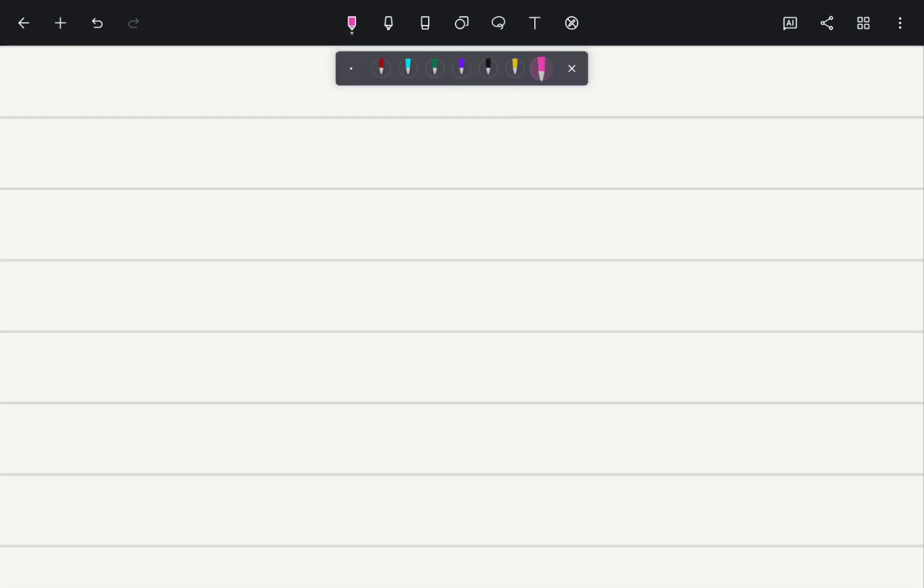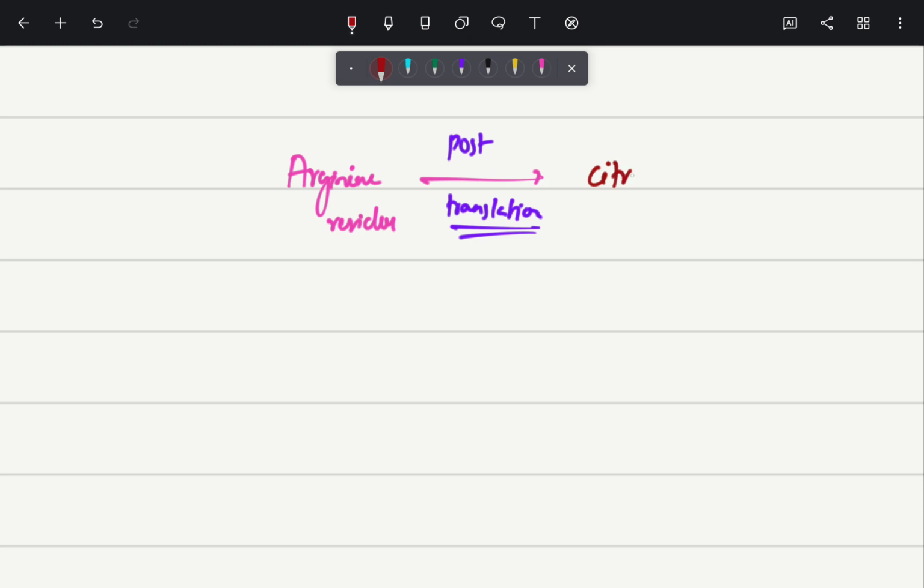So citrulline peptides are nothing but, whenever the arginine residues undergo post-translational modification, the arginine is converted into citrulline peptides.